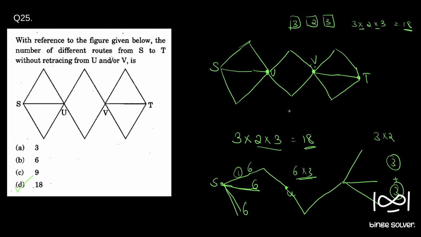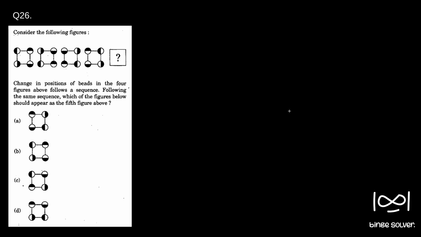So moving on to the next question, 26. Consider the following figures. The change in positions of beads in the four figures above follows a sequence. Following the same sequence, which of the figures below should appear as the fifth figure? We'll consider the first figure.